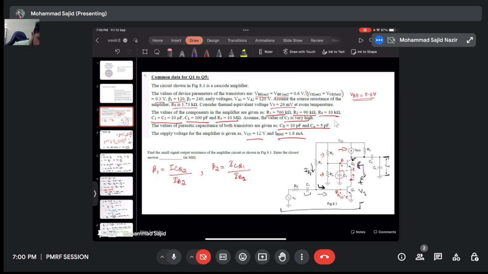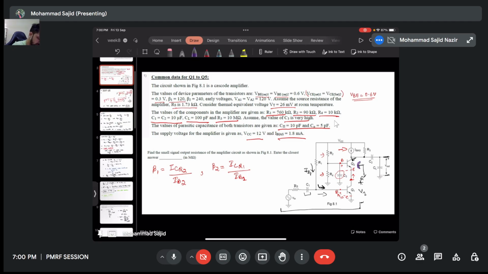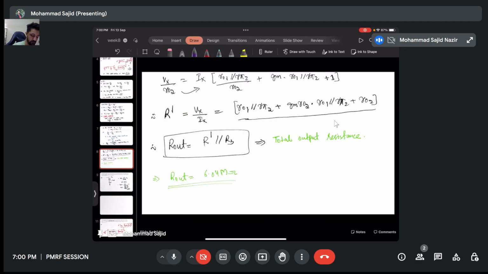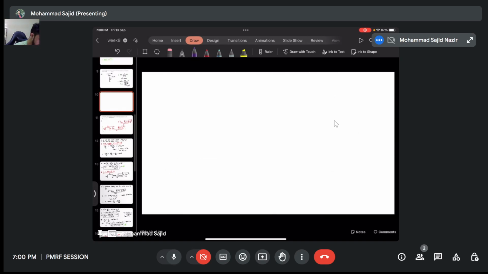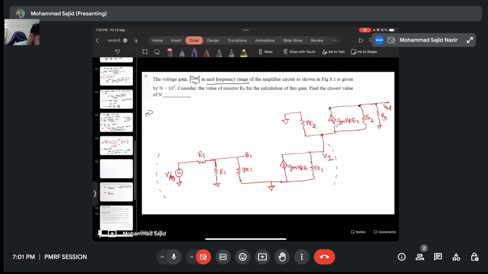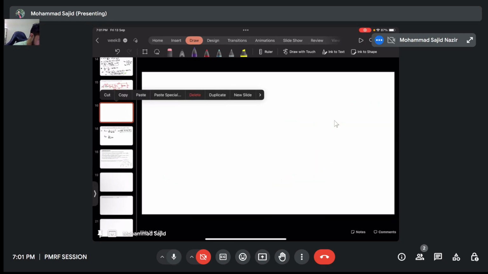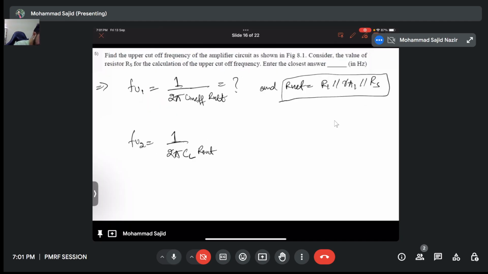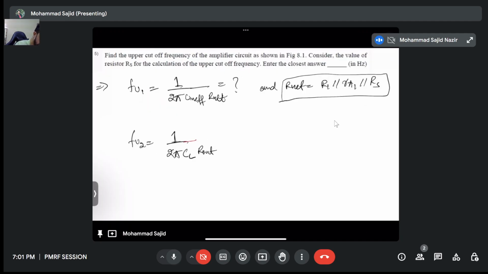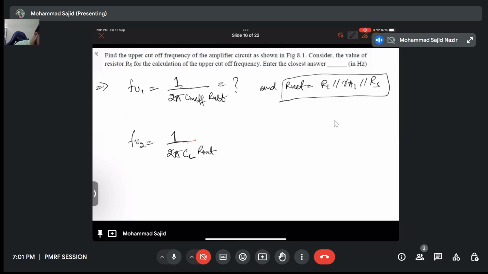So it should be R dash parallel R3, which we calculated here, this R out, which is 6.04 megaohm. Use this value and get the answer in this part. We have calculated this R out as well. So you can just calculate it and let me know if you can find the answer.